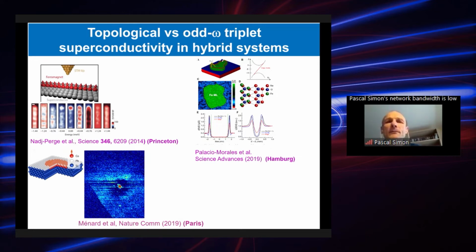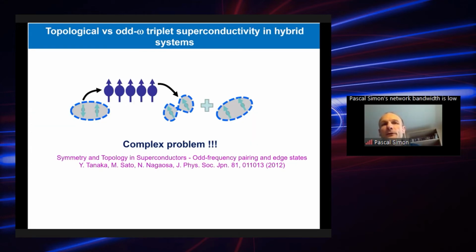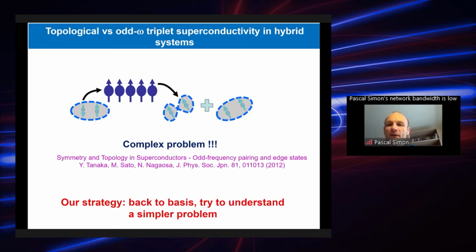So this raises an issue: can we actually see evidence of this odd frequency pairing via spectroscopy? To answer that question, since it's quite clear that the physics involving the proximity between ferromagnetic structure and pairing is quite complicated, let's shrink it to the minimum and go back to basics, and try to solve a much simpler problem.